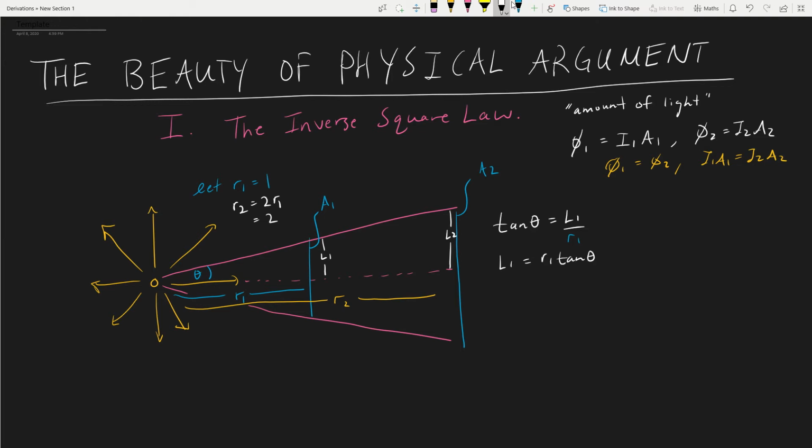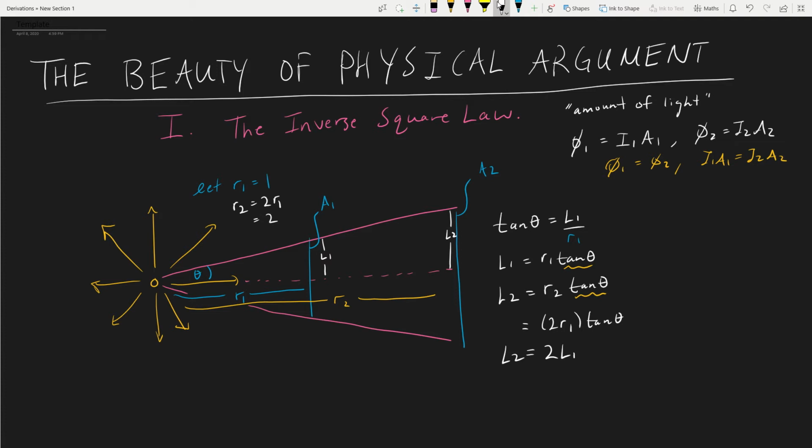Now we can make the exact same argument for L2. L2, because that angle doesn't change, is R2 tan theta, where we know tan theta is not changing for either of these. So L2 is going to be R2, which is twice R1, times tan theta. Well, that's really just twice L1. L2 is twice L1. No surprise there. This is just basic geometry. So let's go ahead and compute.